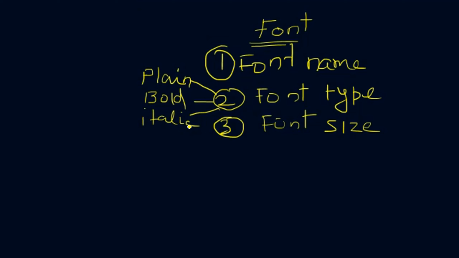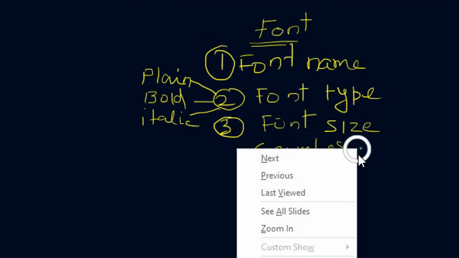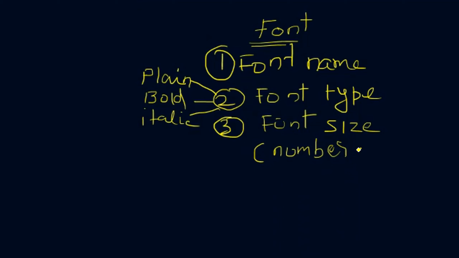So there are three types of font that we can render in Java AWT using the graphics object. Then font size: you can specify different font sizes, and this will be a number. When the number goes big, the text that you render using the graphics will appear bigger.